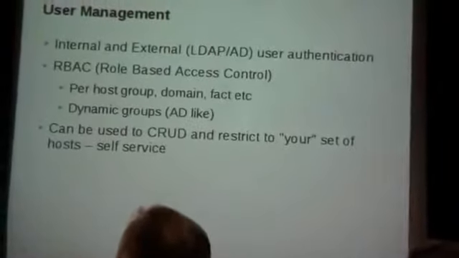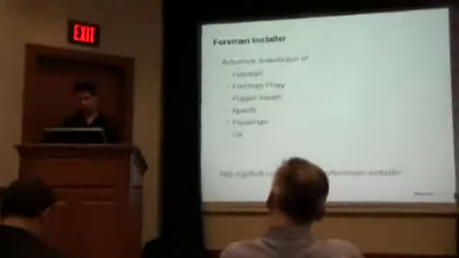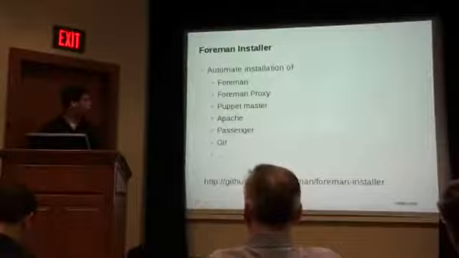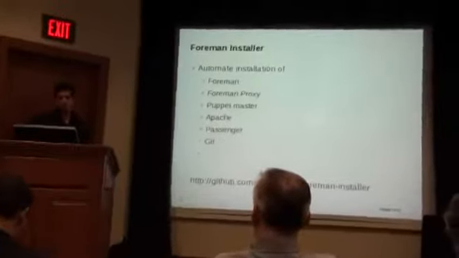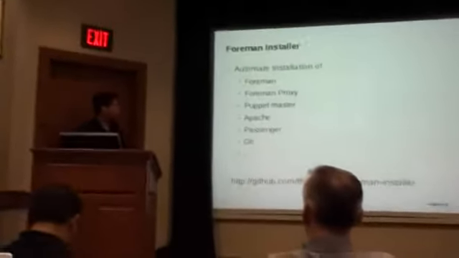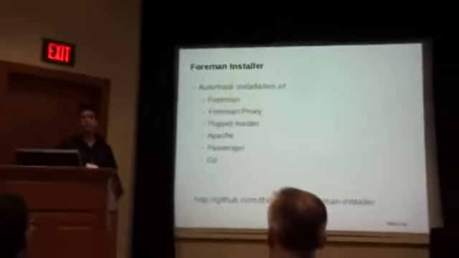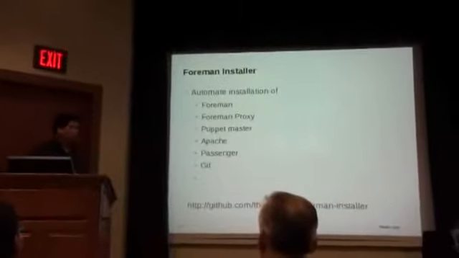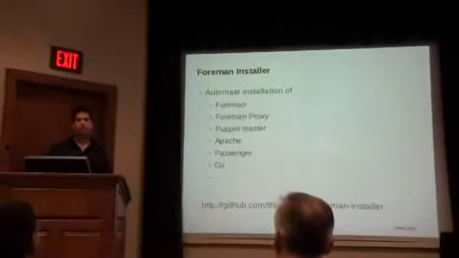All right. How to install Foreman? We actually created something called the Foreman installer. It's based on the Puppet modules that we provide, trying to get the best practice, or wherever possible provide a good default for the whole setup of Foreman, not just getting it running, but actually usable.